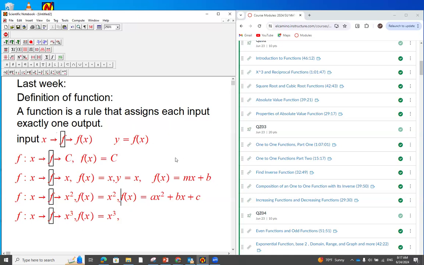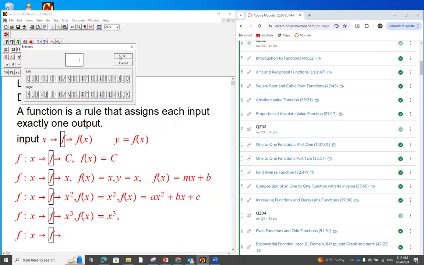And of course, we study the domain, we study the range, we have studied the graph. That's what we studied last week about these functions, and whatever function we have studied last week. And this one, the absolute value function, which is right here.